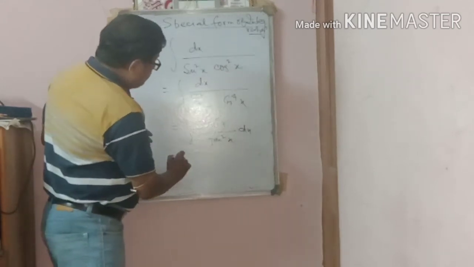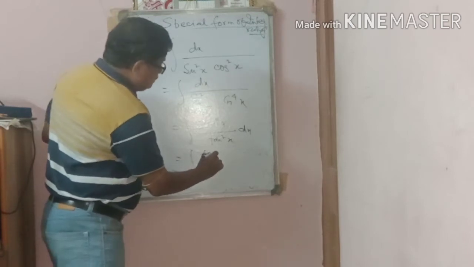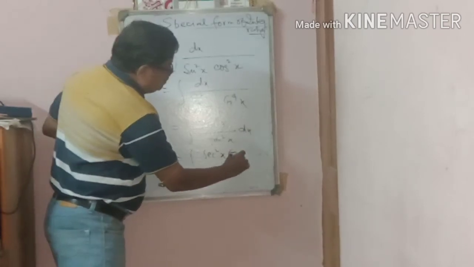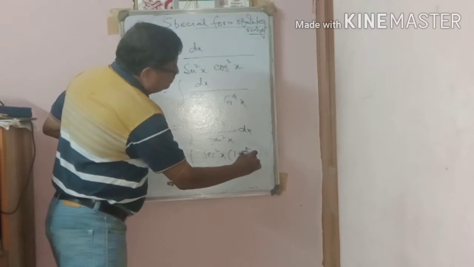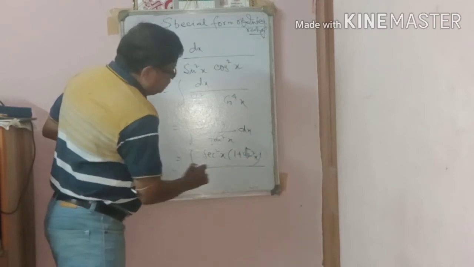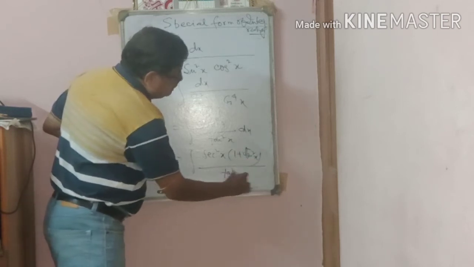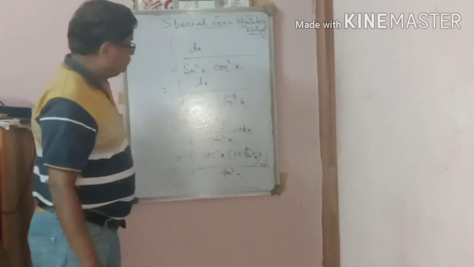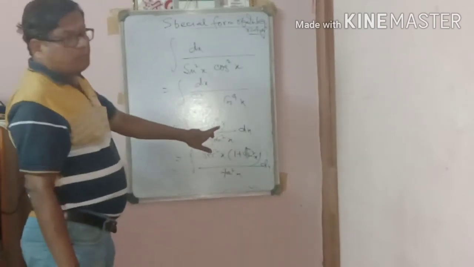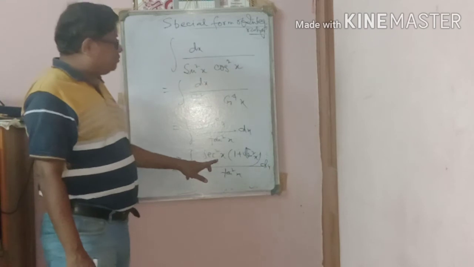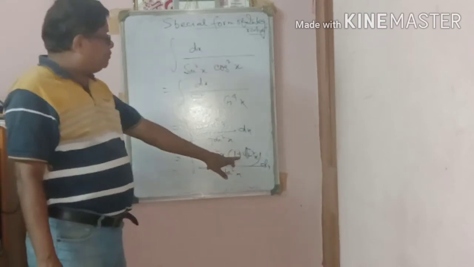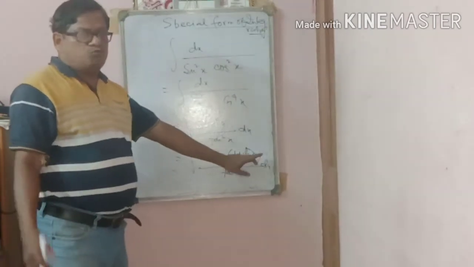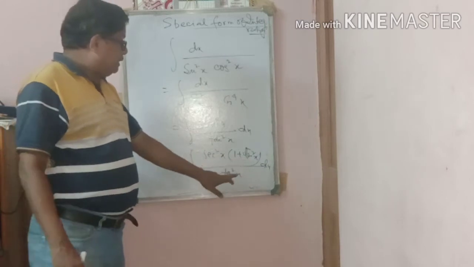This you can write as sec square x into 1 plus tan square x by tan square x dx. Sec to the 4x you can write as sec square x into 1 plus tan square x.